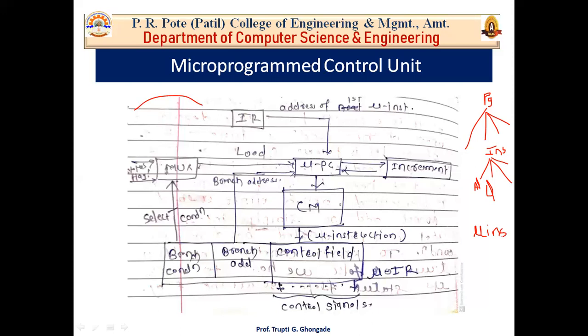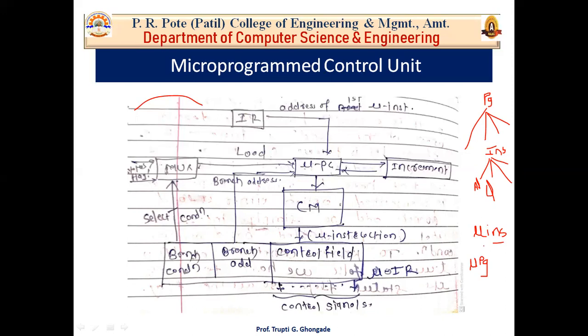That set of micro instructions is called the micro program for that particular instruction. Are you getting my point? A program is a set of instructions. An instruction requires a series of small operations called micro operations.